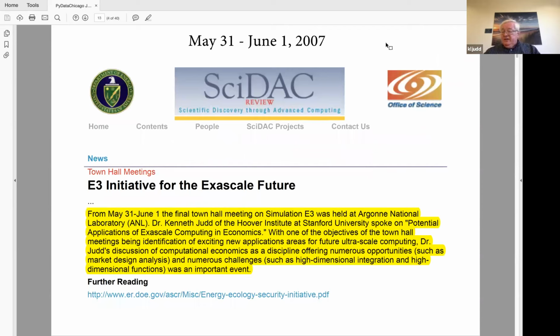Now, I've been doing this for a while. About 14 years ago, I spoke at a Department of Energy town hall that was held at Argonne. And the title of my talk was Potential Applications of Exascale Computing in Economics. And you see the write-up in the SciDAC Review as a documentation of that.